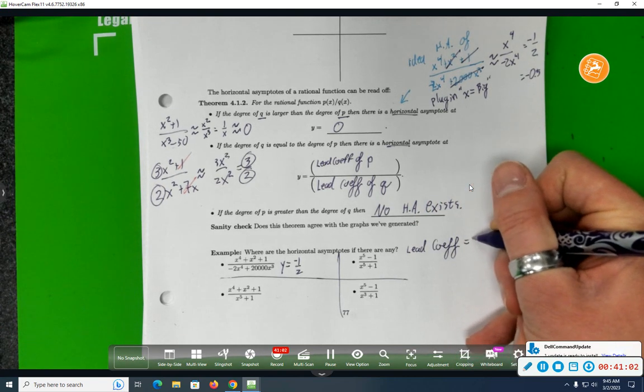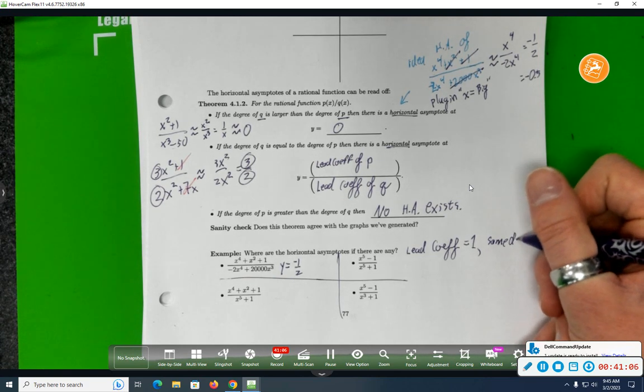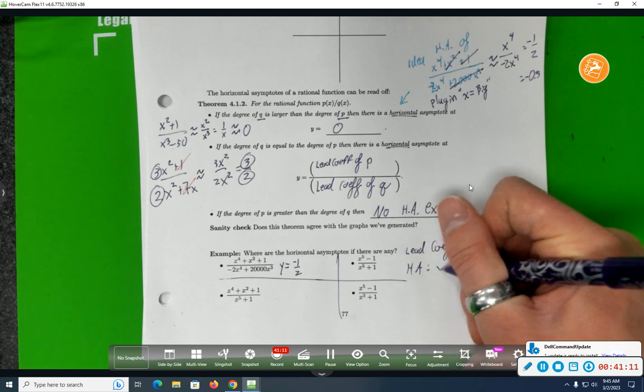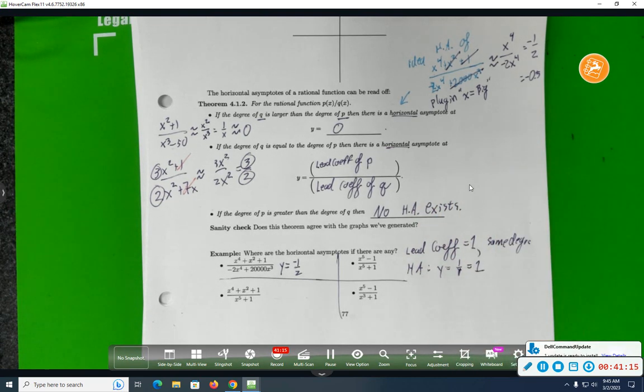Yeah, the leading coefficients are both 1, and they have the same degree. So the horizontal asymptote will be at y equals 1 over 1, also known as just 1. Feel good? Bottom left, where is that one's horizontal asymptote? Yeah, 0. So why 0?